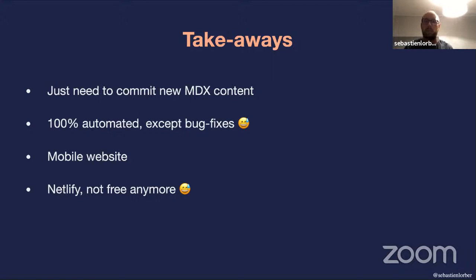I am able to deploy to the web through the Gatsby website, I'm able to deploy to mobile web with the Expo web support, and I am able to deploy to iOS and Android with the regular Expo support. The trade-off is that now I have to pay Netlify because I consume a lot of build units, and the free plan is over.